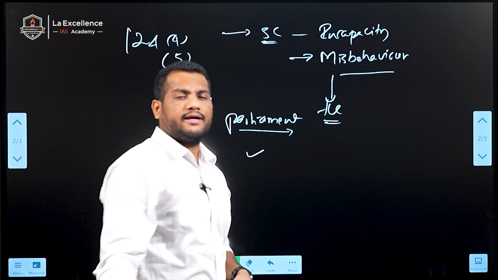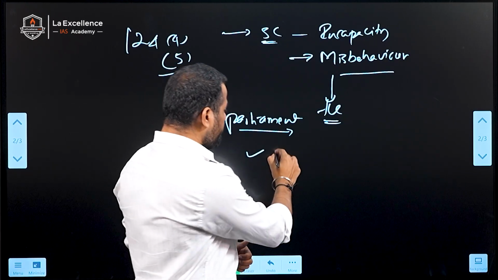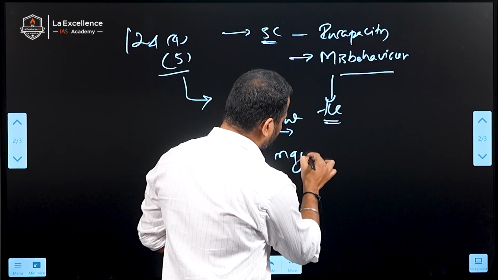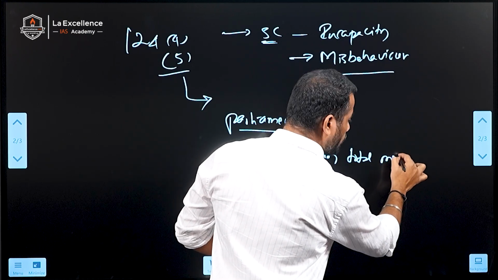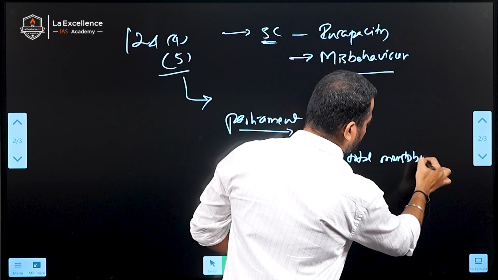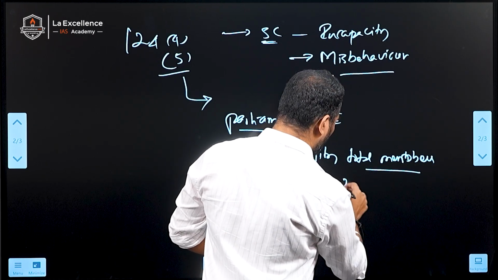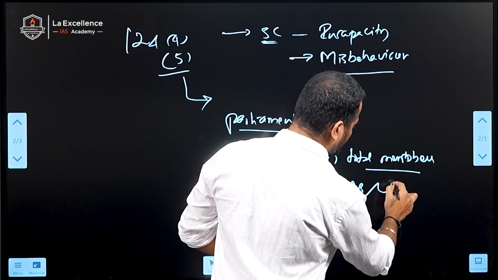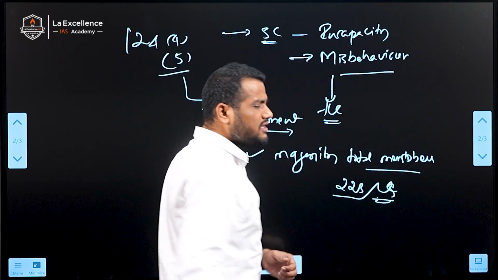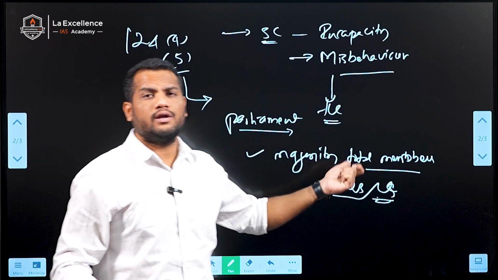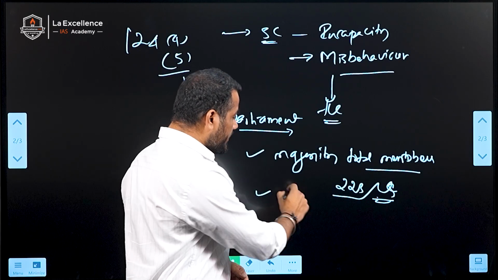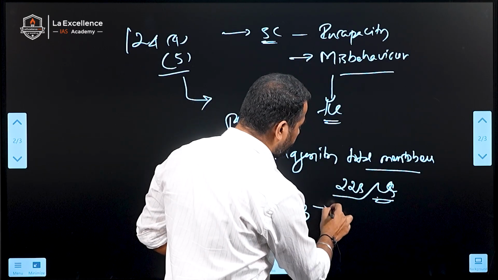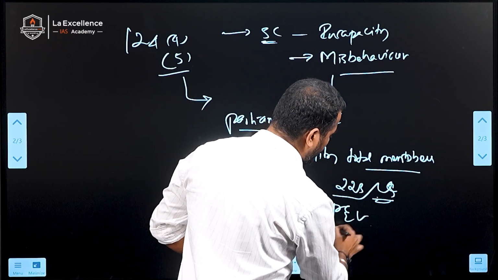What is a special majority here? A special majority is a majority of the total membership, the total strength, of the house, and also a 2/3 majority of the members present and voting.